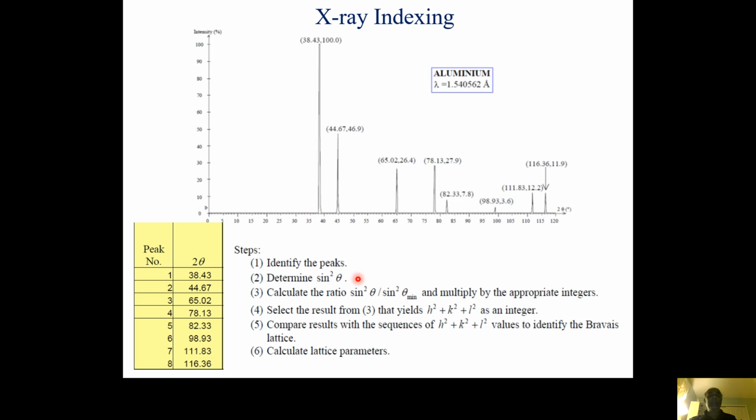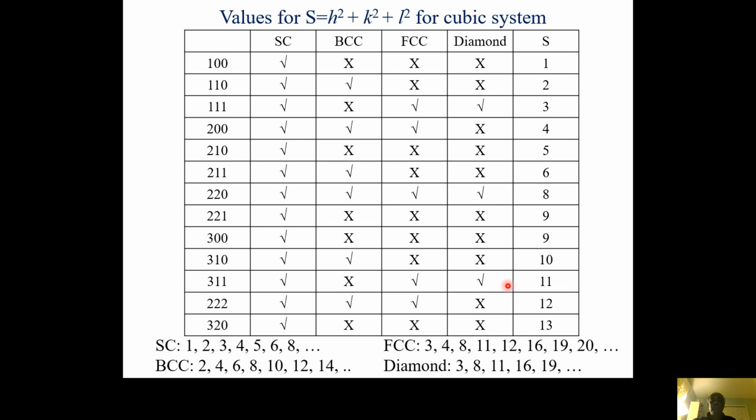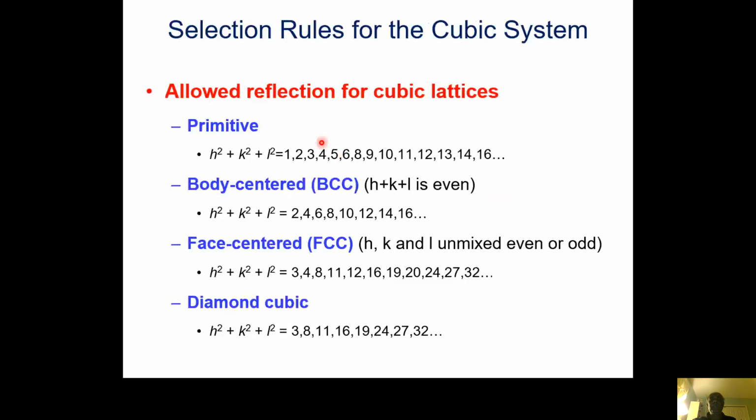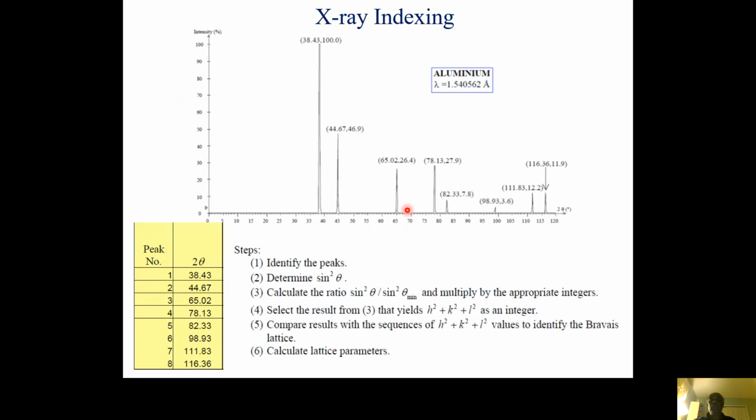I take the square of that, then divide that sine squared theta by my very first value, the minimum value. Then I keep multiplying that ratio until I see some pattern, like any of these kinds of patterns. Then I can decide what that structure is.